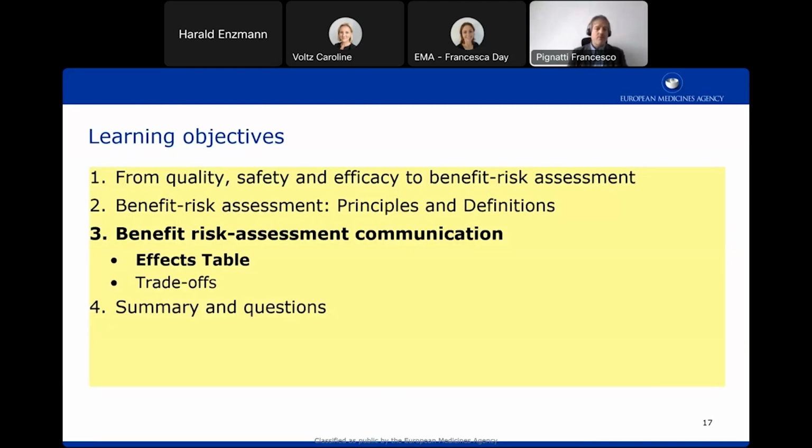Okay, so we move on to the third and last part of this talk, which is zooming into how we actually communicate the benefit risk assessment and partly how we do the benefit risk assessment.